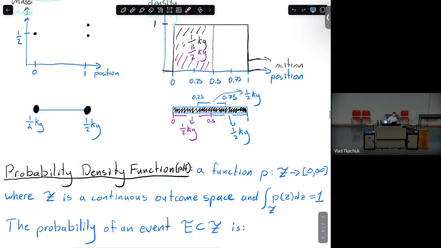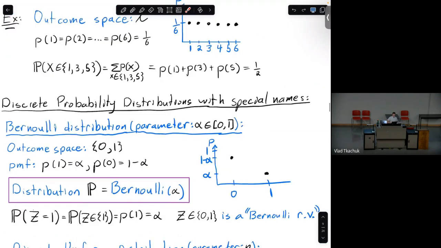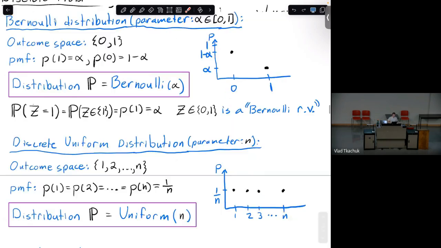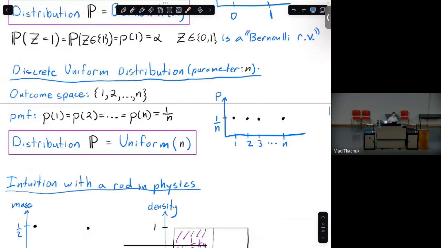Regarding that question, in the Bernoulli distribution, these represent slightly different things. The alpha is not talking about the outcome space. It's talking about the probability of getting 1 in that outcome space. And the outcome space for Bernoulli is always fixed to be 0, 1. It's always 0 and 1. And alpha just represents the probability of getting 1. In the uniform distribution, n also describes the probability, but the outcome space is not fixed.